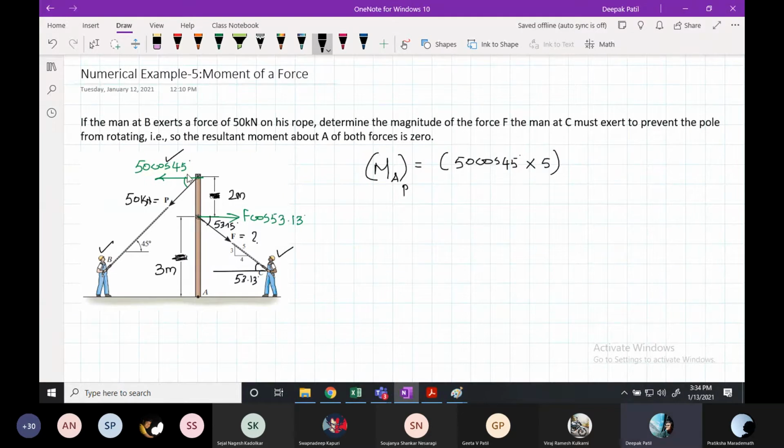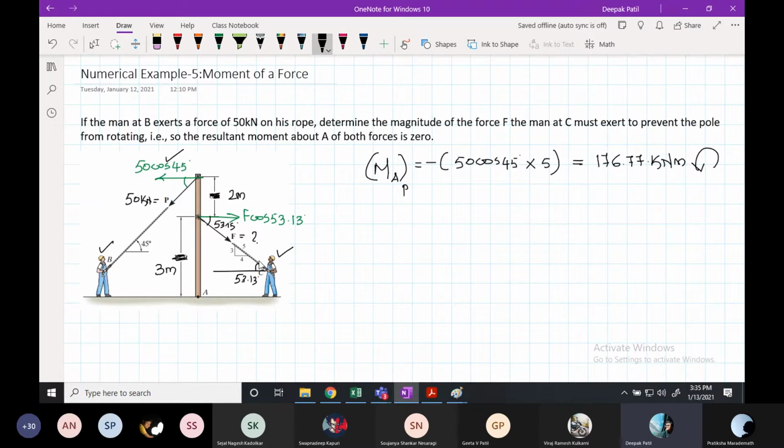Since it is trying to rotate the pole in the anti-clockwise direction, I will write it as minus. So 50 cos 45 multiplied by 5 comes out to be 176.77 kilonewton meter, and it is in the anti-clockwise direction.